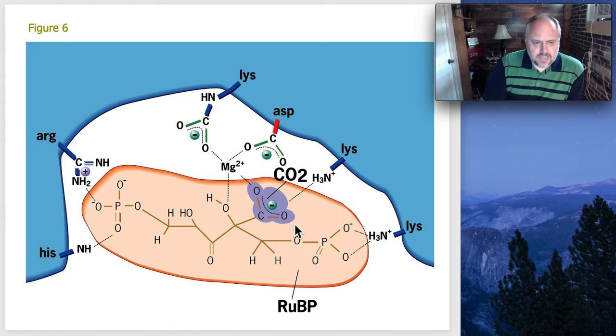And what we have here is this molecule coming into the active site of this enzyme, and of course the enzyme is made out of amino acids, and these amino acids have those little groups on them, the R groups, that make them unique. We've got several lysines, an arginine, a histidine, aspartic acid. And notice how these R groups are going to interact very specifically with groups, or even other groups like an ion, in the context of this RuBP.